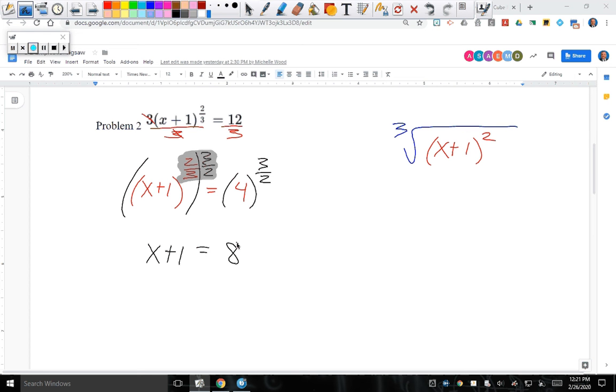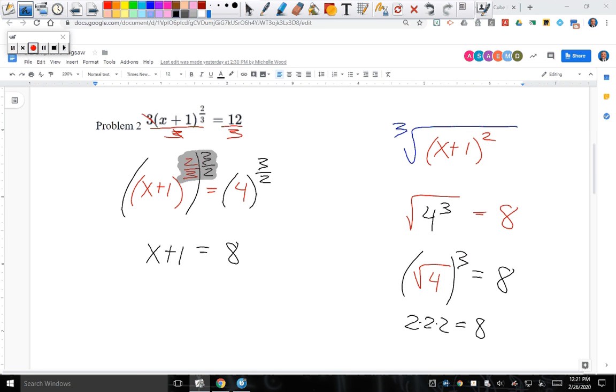Again, you can think of it as 4 cubed, which is 64, then square root to get 8. Or you could think of it as, what's the square root of 4? And then cube that answer, which 2 raised to the third power is going to be 8.